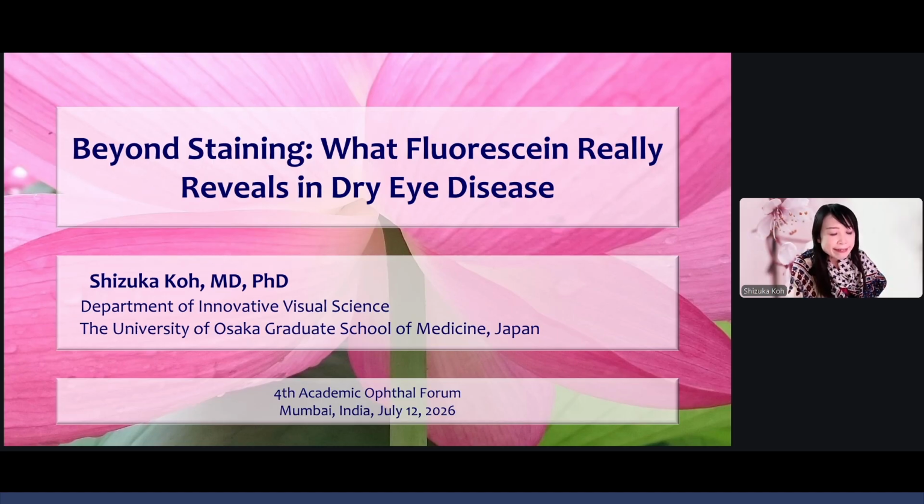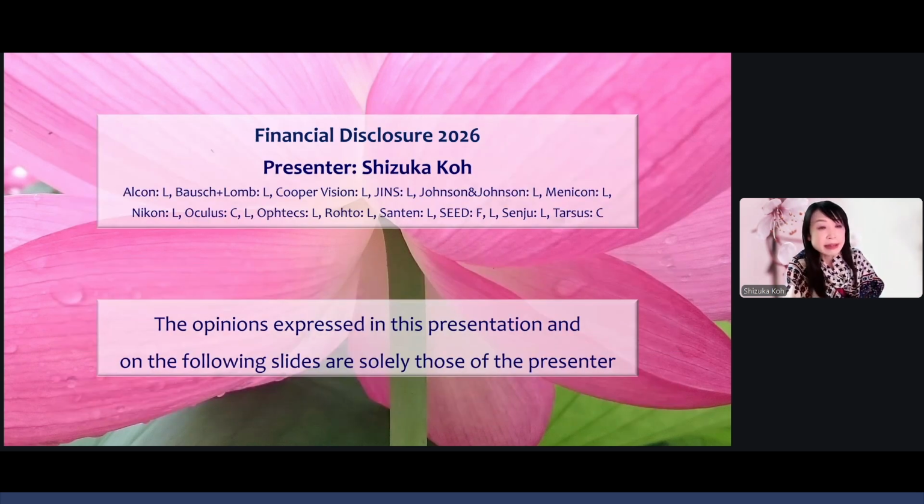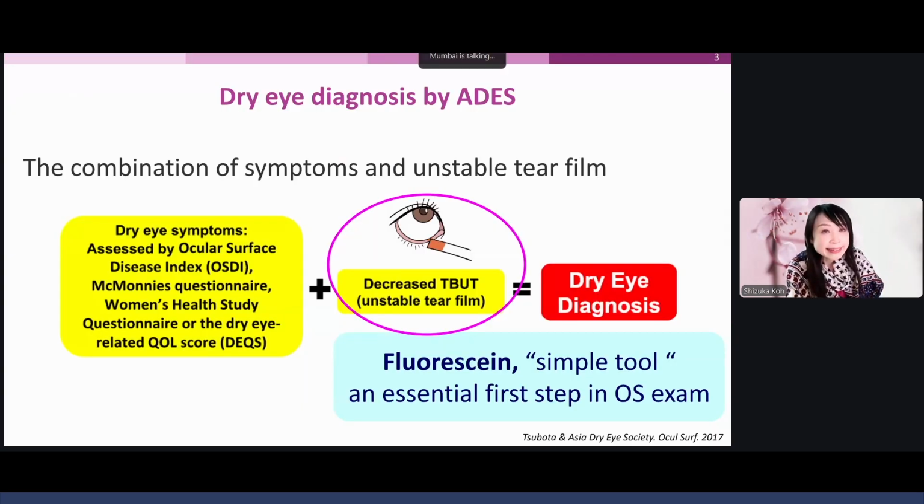Fluorescein is often considered a simple staining dye. However, I believe it tells us much more than simply whether staining is present or not. According to the Asia Dry Eye Society, dry eye is diagnosed by symptoms together with tear film instability.